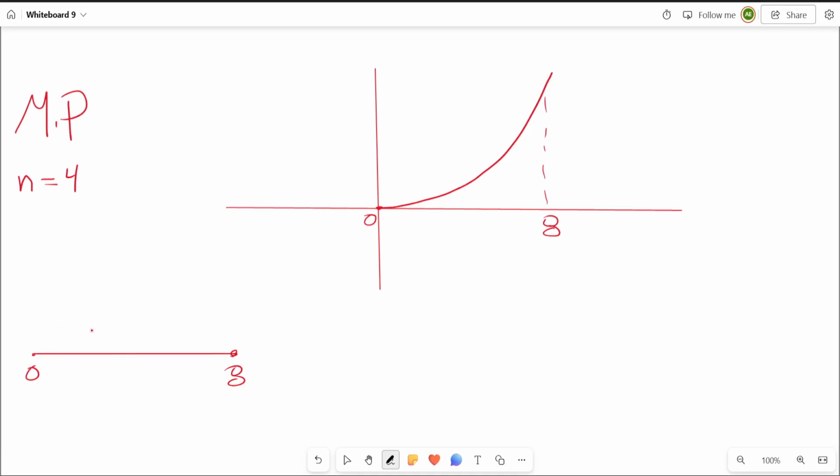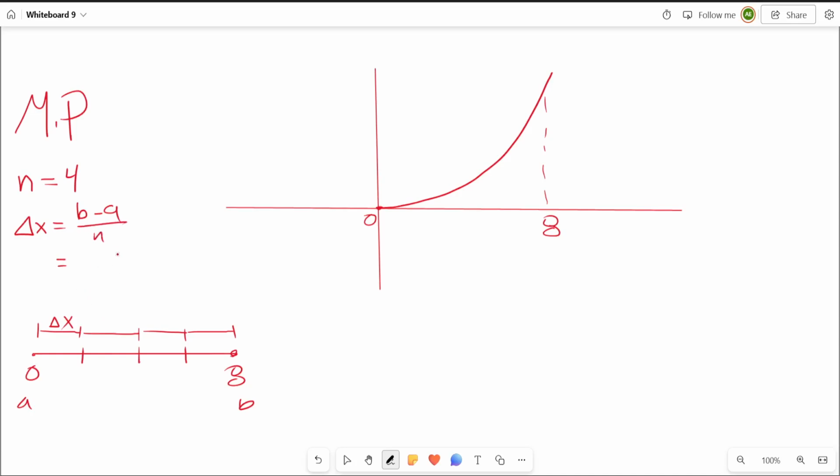So what is the length of each subsection? Let's say this is the first interval, second interval, third interval, and fourth. Let's make them a little bit equal. So this length, and this length, and the final length should be equal, and we will call them delta x. Okay, so how to calculate delta x? It's very easy. Delta x is equal to b minus a, where this is b, this is a, over n.